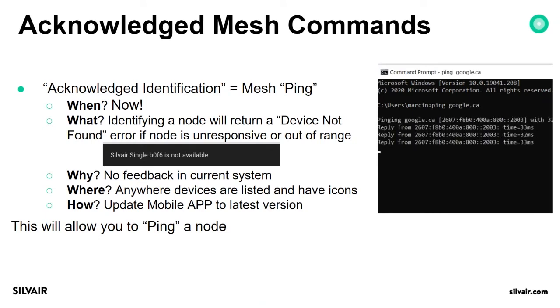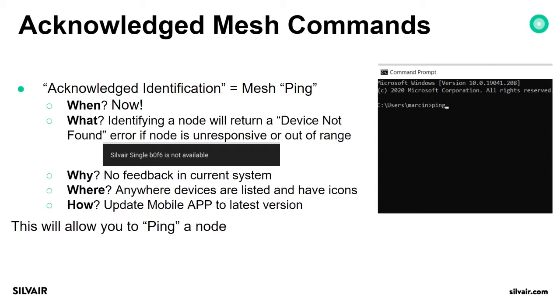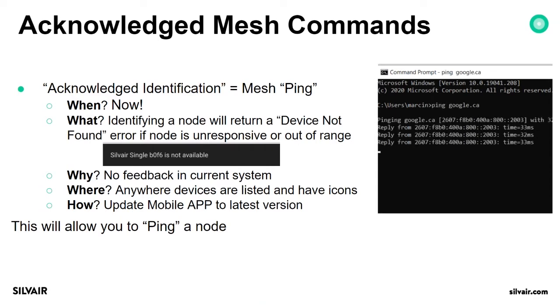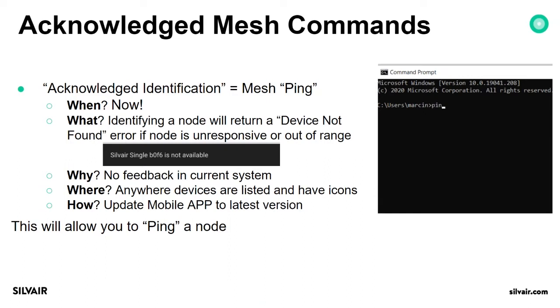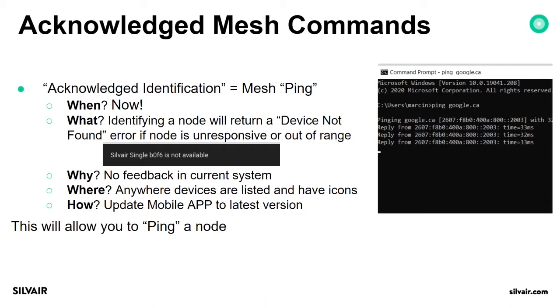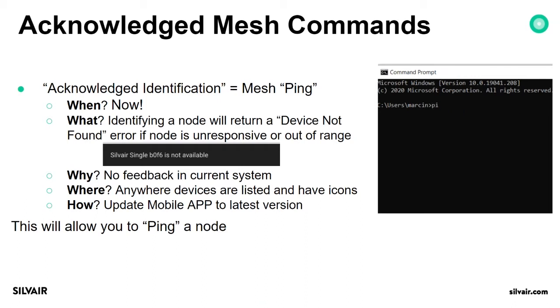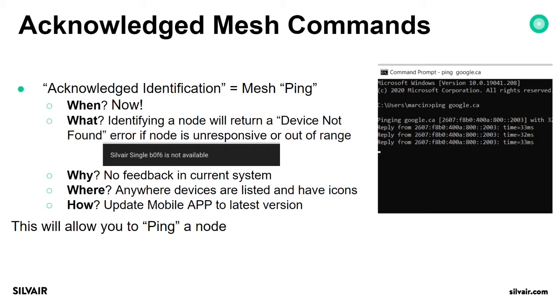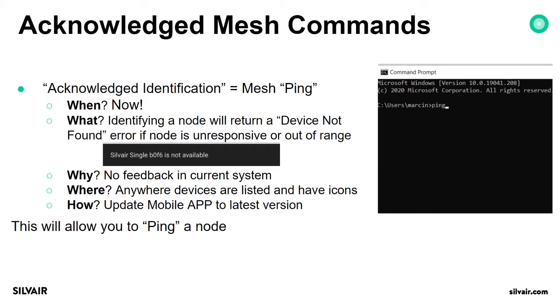And of course, also a very useful tool: you can use mesh commands and ping. Identifying a node will return a device not found error if the node is unresponsive or out of range.